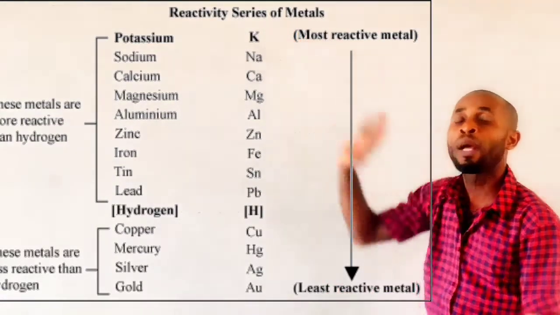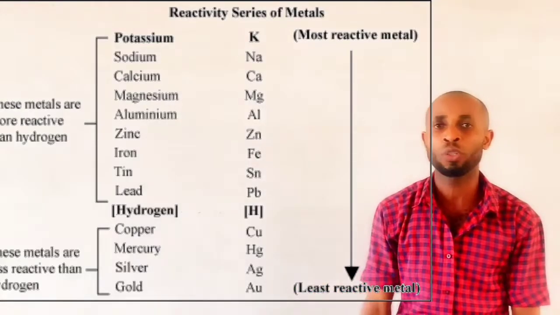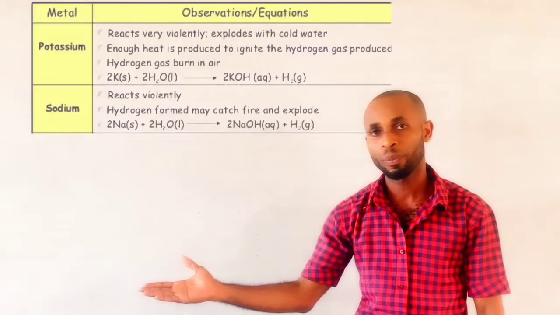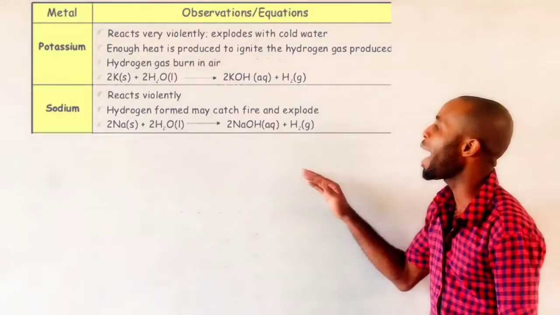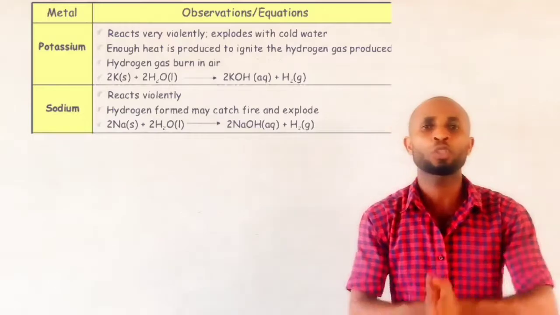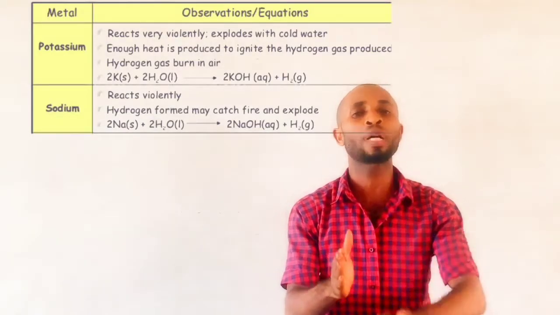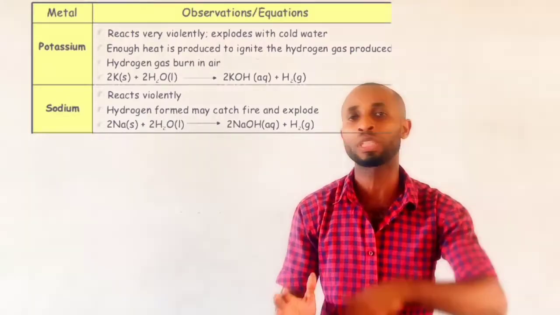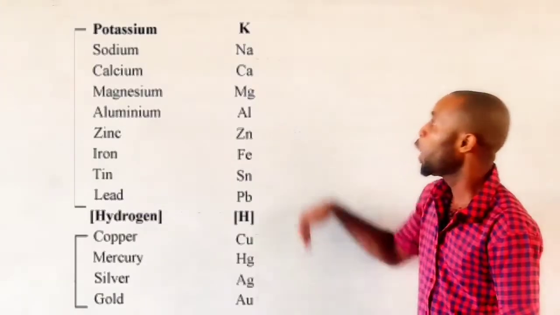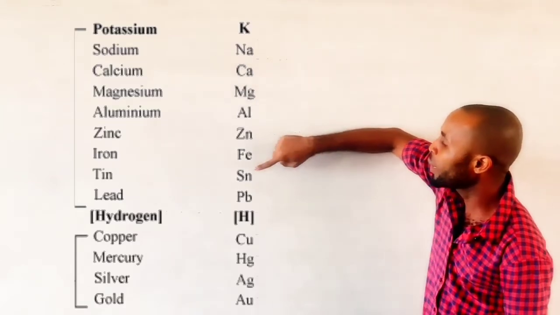Potassium and sodium can react with cold water, and look at the reactions on the screen. Okay, we have again the tetraoxosulphate(VI) acid. You know, it is one of the strong acids, therefore it might not actually be able to react with the least electropositive elements. We have here K, Na, Ca, Mg, Al, Zn, Fe, Sn, Pb.